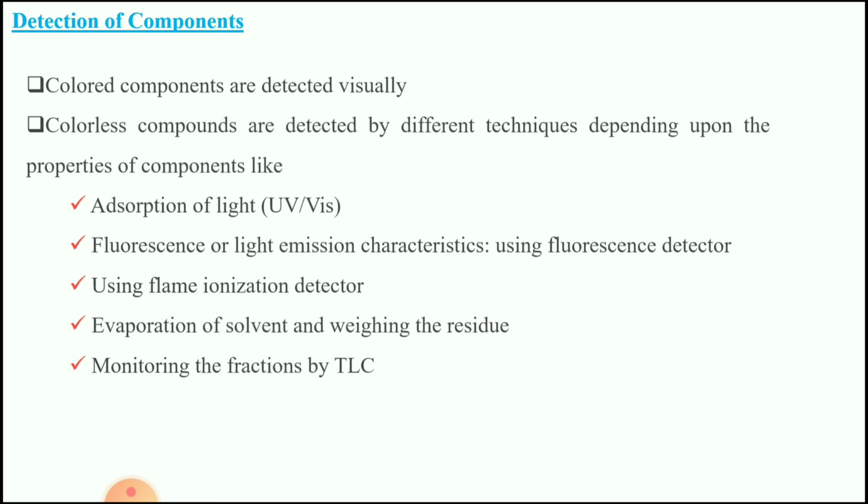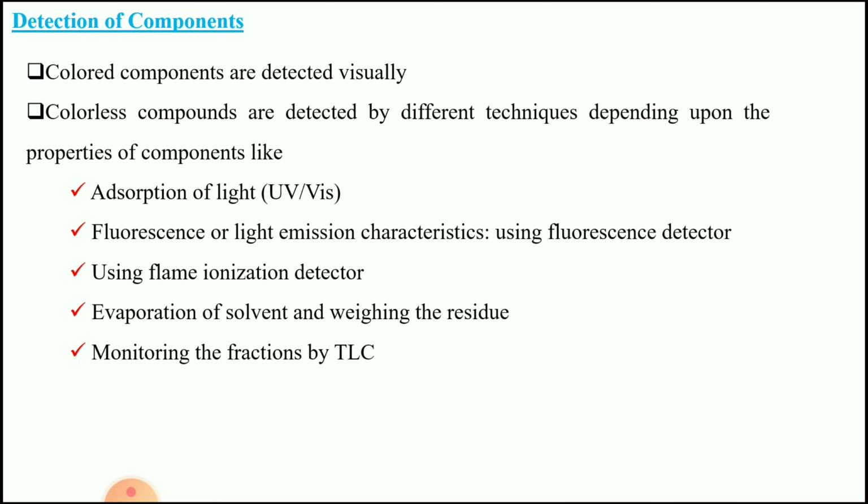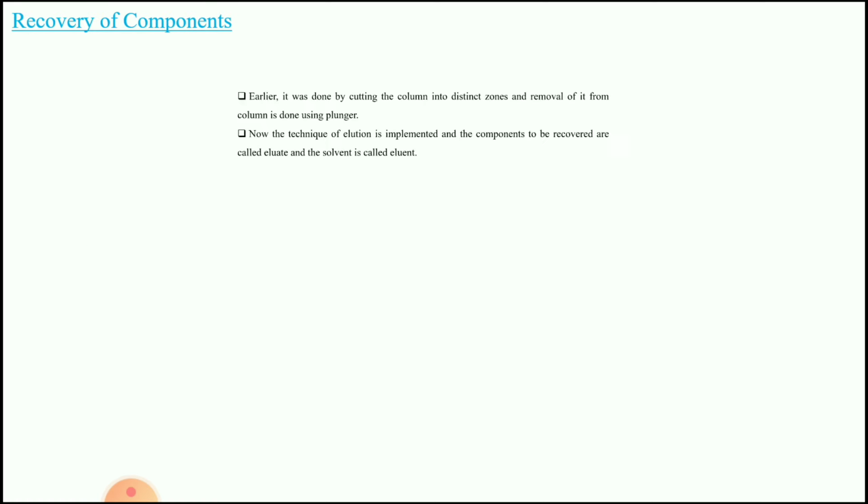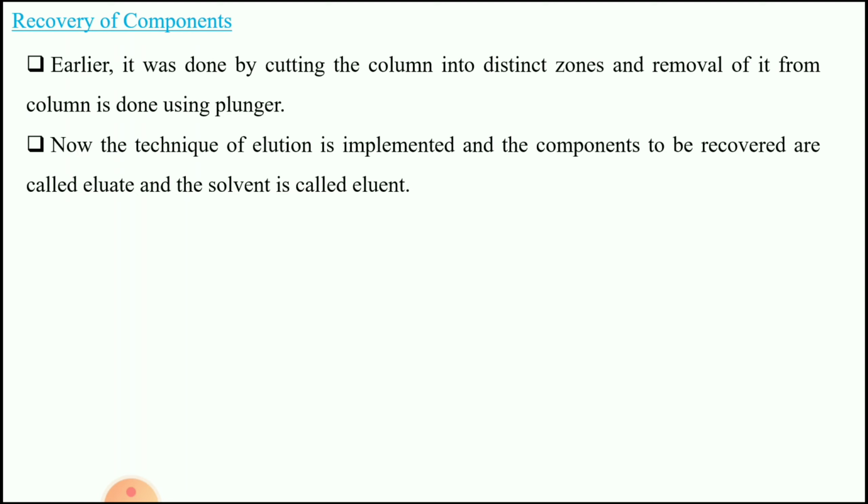Detection techniques: colored compounds are detected visually; non-colored compounds are detected by methods like UV visible spectroscopy, the fluorescent indicator method, using an ionization indicator, or by monitoring fractions by TLC. Recovery of the components can be done by cutting the zones from the column using a plunger.